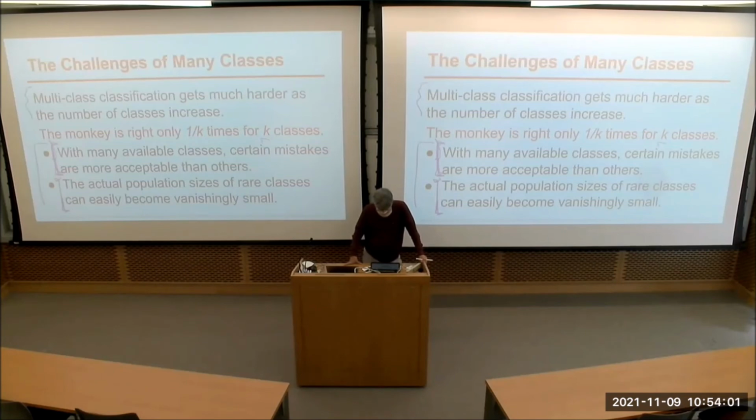And you need to adjust for those kinds of probabilities. So these are the two issues that come up with multi-class classification that we haven't seen. Certain class mistakes are more acceptable than others, and rare classes often become exceedingly rare, okay? Any questions?